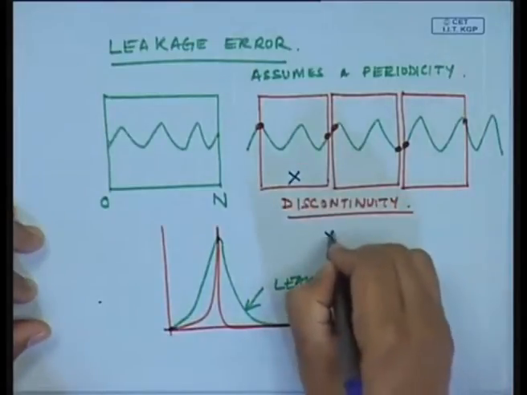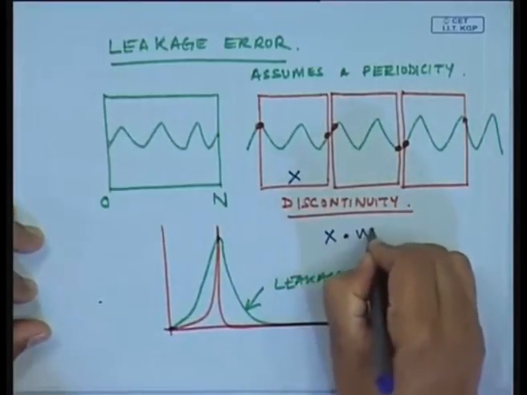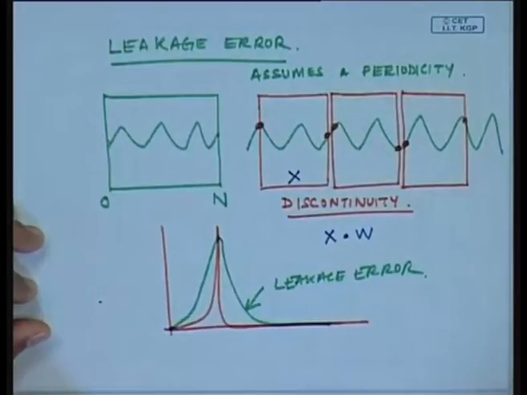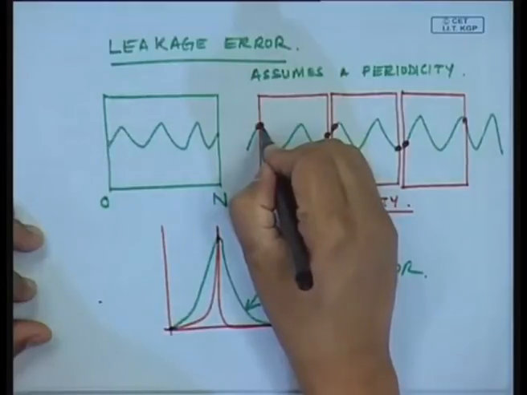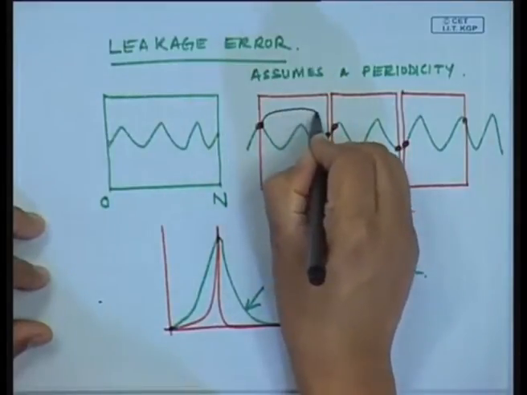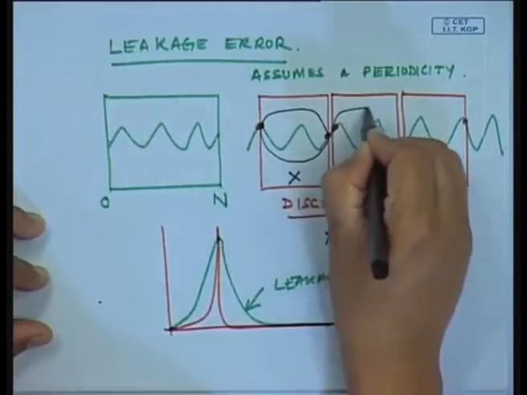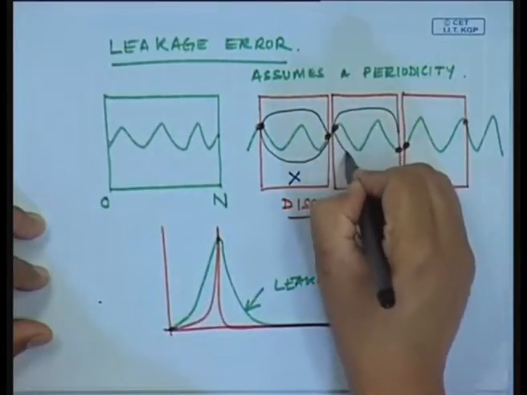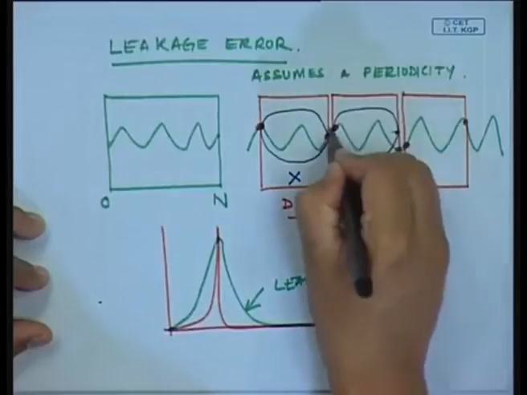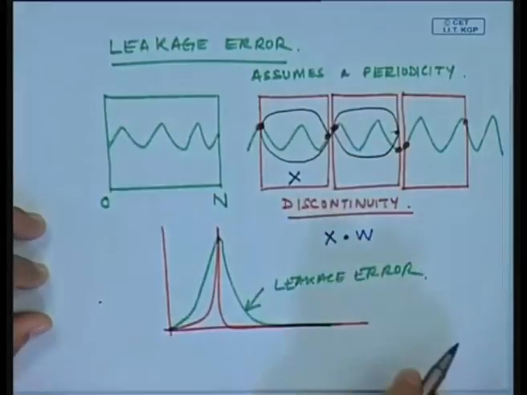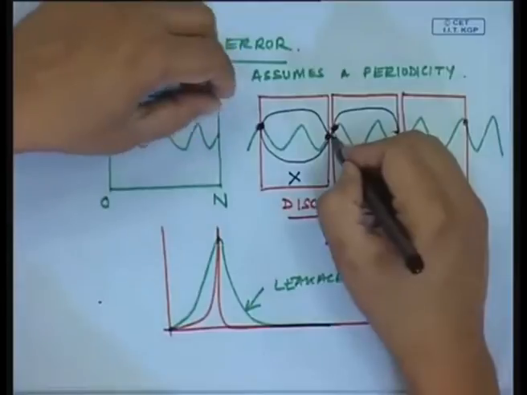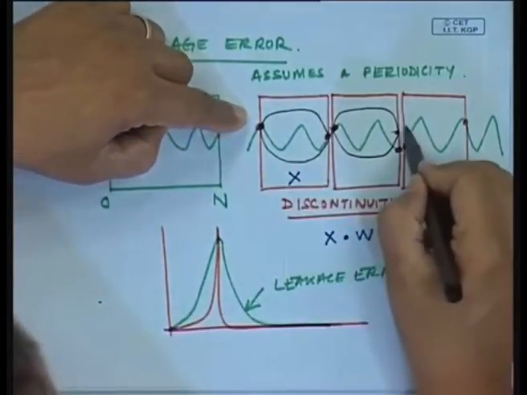If I multiply x with a windowing function, wherein the window function looks something like this, at all the endpoints, it multiplies them and makes them 0.